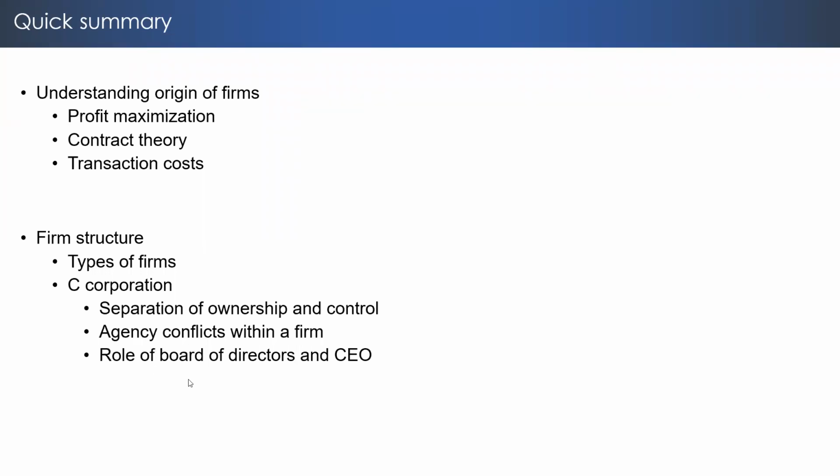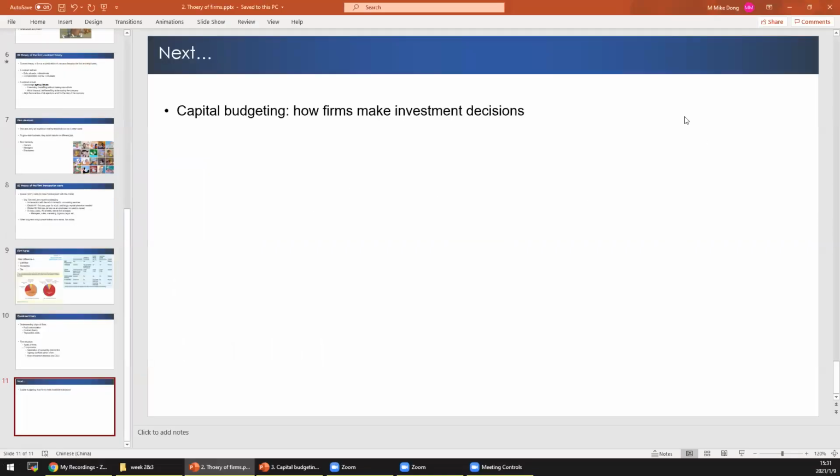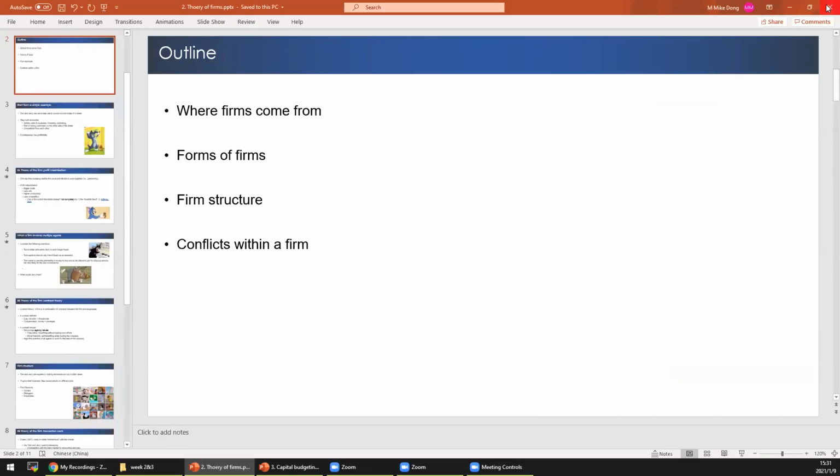We'll talk about that more when we talk about CEOs and agency conflicts in later slides, but these are also things you might want to think about for a company. Okay, so this is basically the theory of firms.